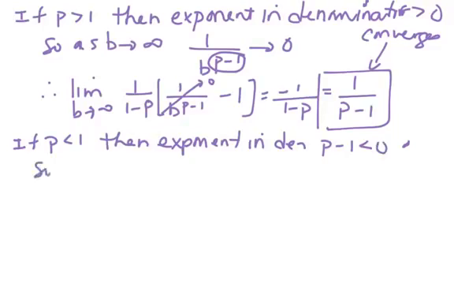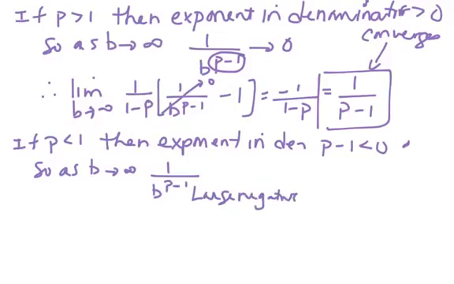So as b goes to infinity, 1 over b to the p minus 1 is going to be, well, since p minus 1 is less than 0, that's a negative exponent.